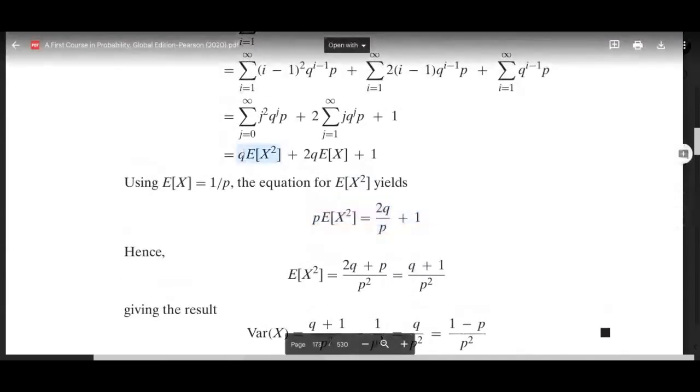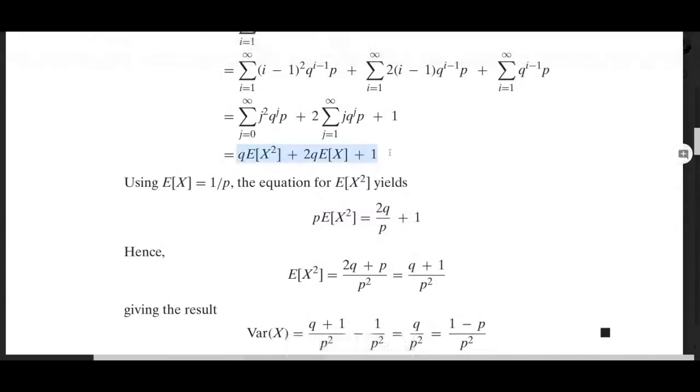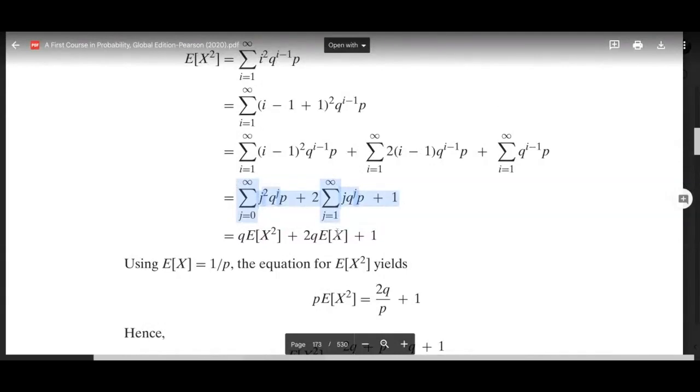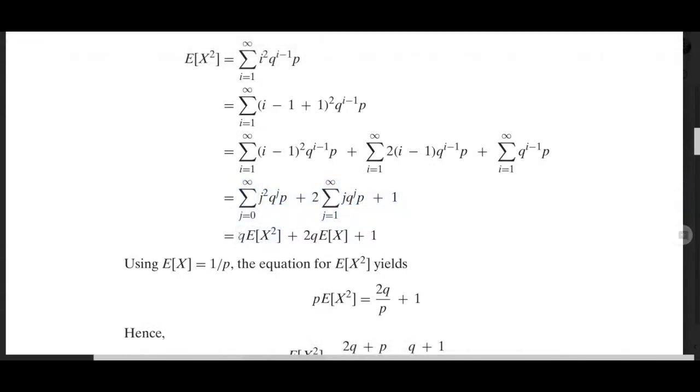No, the other one. This one? Yeah, that's that one. How do we get from this one to this? I don't know where the q times expected value squared went. Q is 1 minus P. Oh, Q, right? Okay.